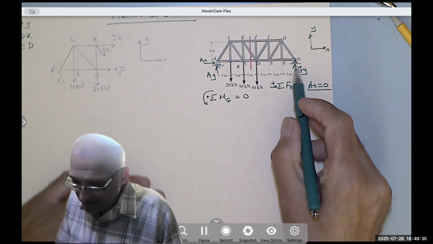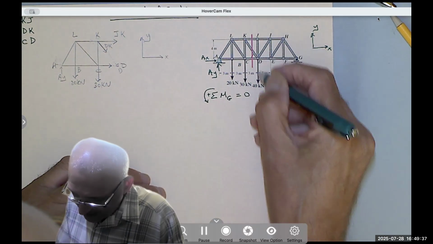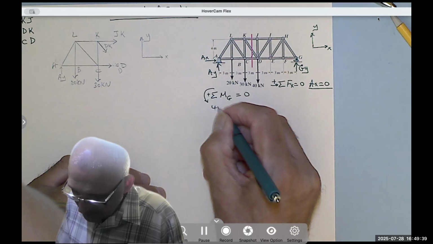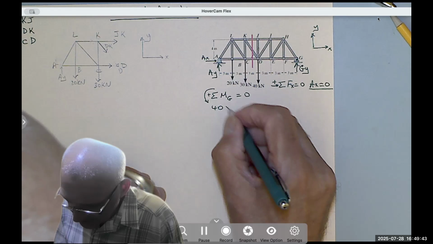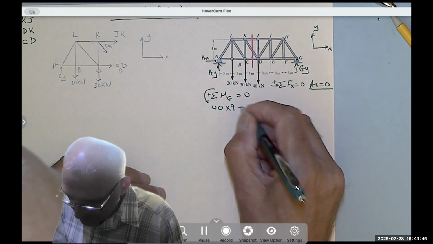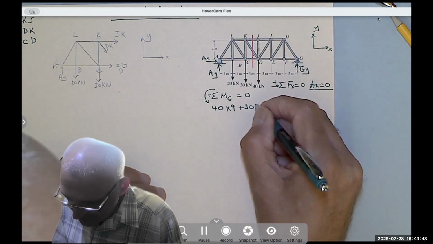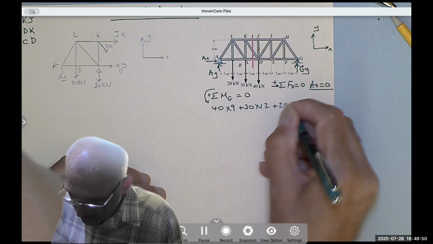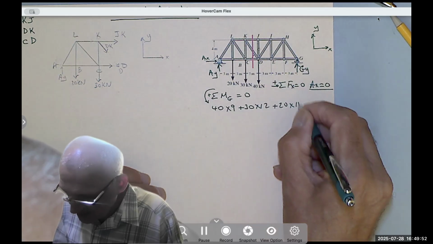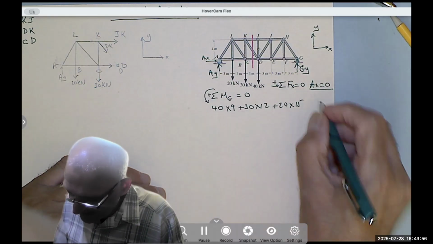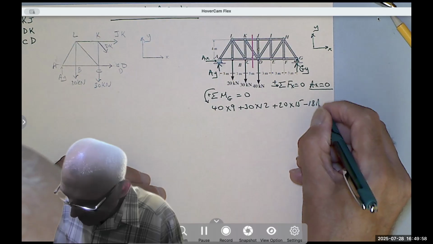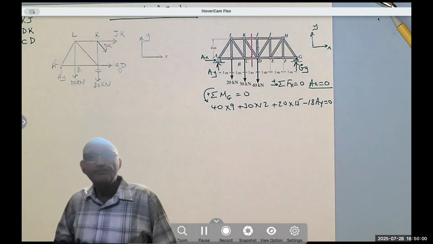When you take the moment about G, you have the 40 kilonewton rotating counterclockwise, so that's positive, times 9, plus 30 times 12 plus 20 times 15. And AY is rotating counterclockwise, 18 AY equals 0.